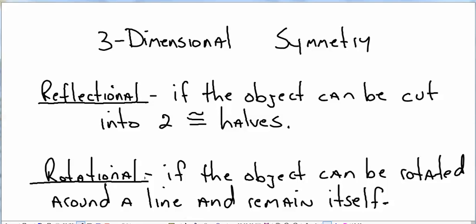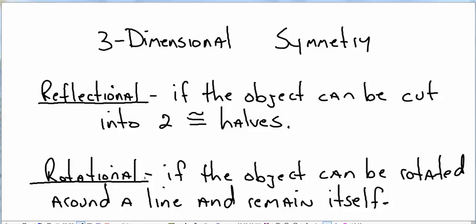Or a sphere, a basketball. You can rotate it left to right, or front to back, and it's going to stay the same. It still has rotational symmetry, but you have to be able to describe where the line of symmetry would be: a vertical line through the center, a horizontal line through the center.